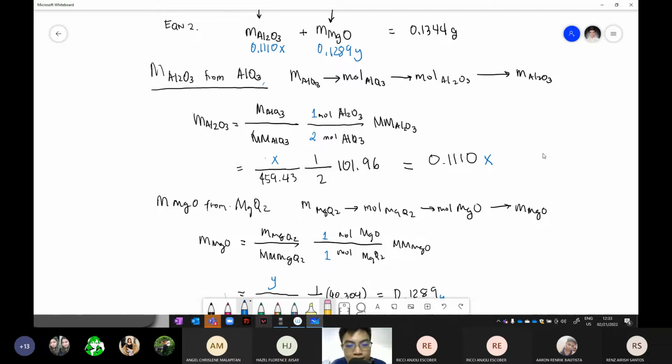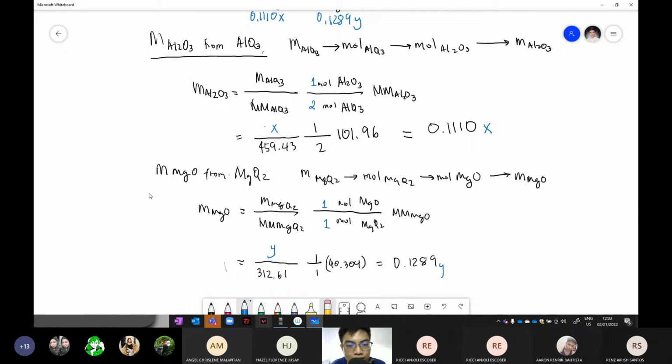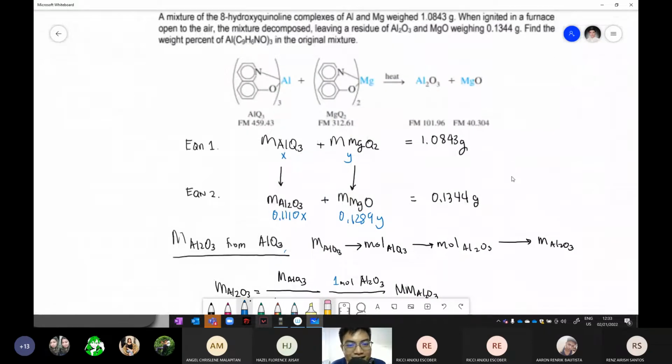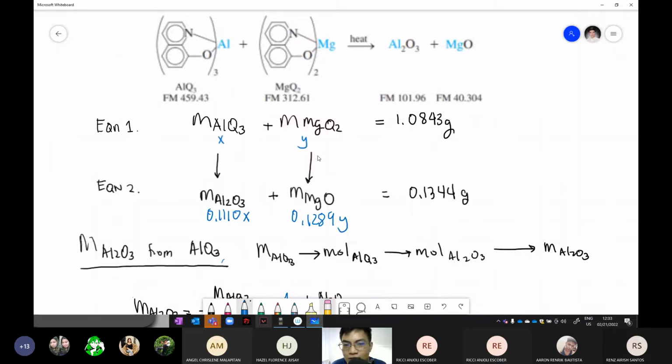Okay, kinopya ko lang ha. Screenshot nyo muna kung gusto nyo makita ito. Okay. Feel ko nakapag-screenshot na kayo. So try to solve the X and Y using the calculator technique.